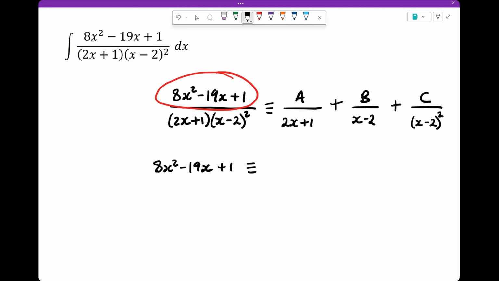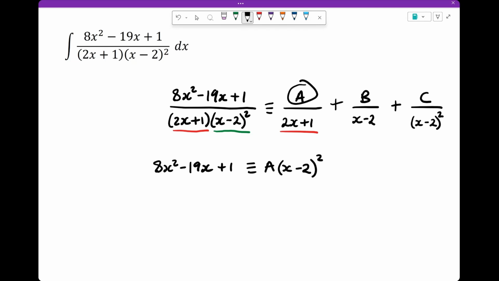To do that, we have to think about what we are going to multiply the first fraction by on the numerator and denominator to get our common denominator, which is going to be what we have in the denominator of the original fraction. We've already got a 2x plus 1 here, which matches with this here. So I'm going to multiply our numerator and denominator by the x subtract 2 squared. So the A is going to end up getting multiplied by an x subtract 2 squared like that.